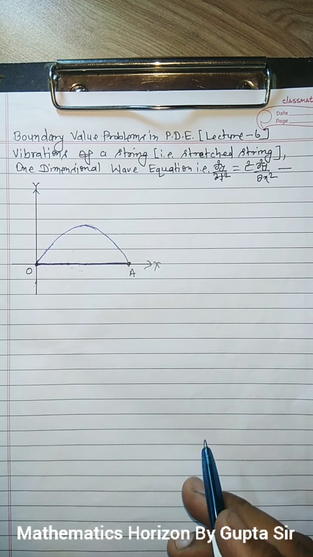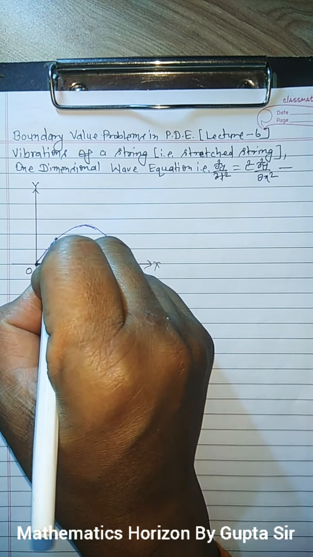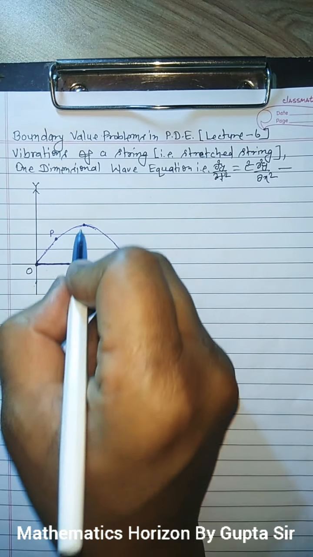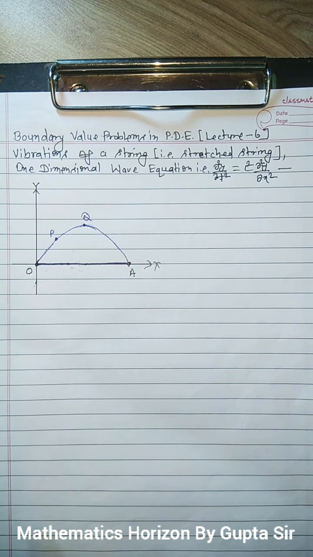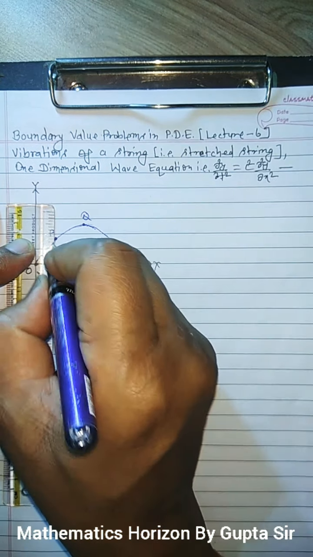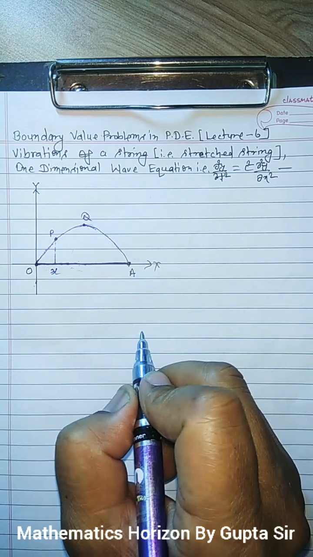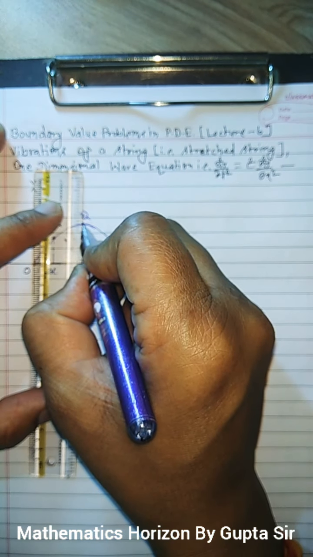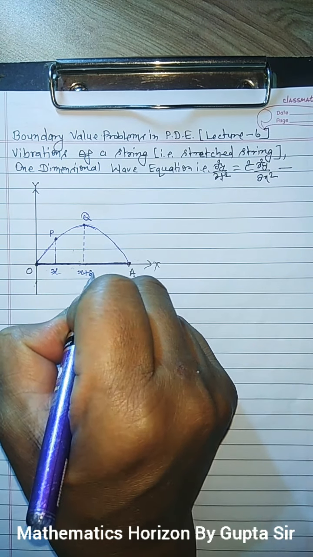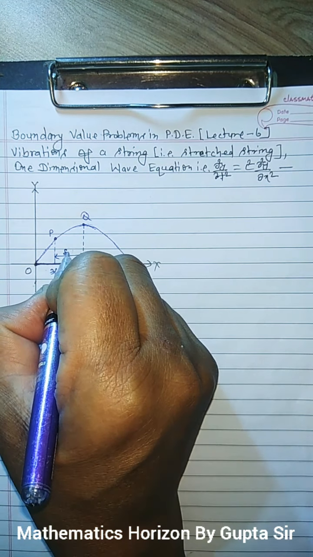Suppose we have 2 points on this string. Suppose this is the point P and this is the point Q. Suppose on the x-axis this point is x, and here we have x plus del x, and the distance between these two is del x.